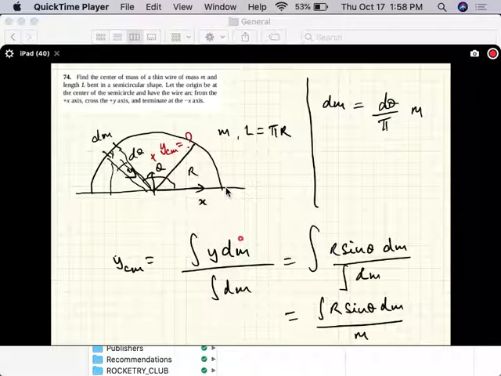You break up that object into little pieces, the y coordinate of that little piece times its mass, divided by the total mass. That's the formula. So we took this mass distribution, broke it up into little pieces, got an expression for the mass of that little piece, found the y coordinate of that little piece, which was r sine theta, and did that integral.